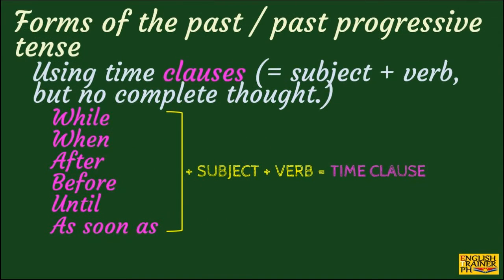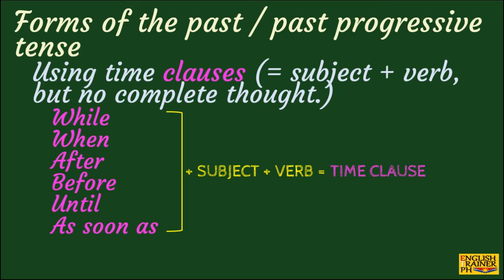The simple past and the past progressive tense often make use of what we call clauses: a main clause and a time clause. So a time clause would be a subject and a verb. However, it is not a complete thought or a complete sentence. There are indicators of when we begin our time clauses, and this is loosely what I call a time word.